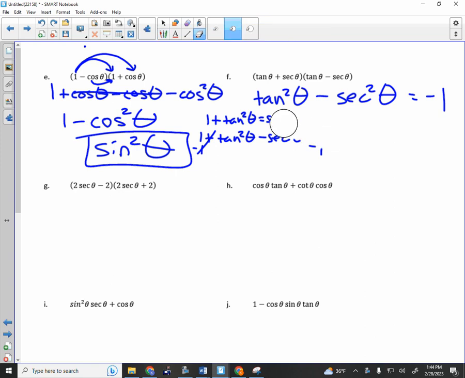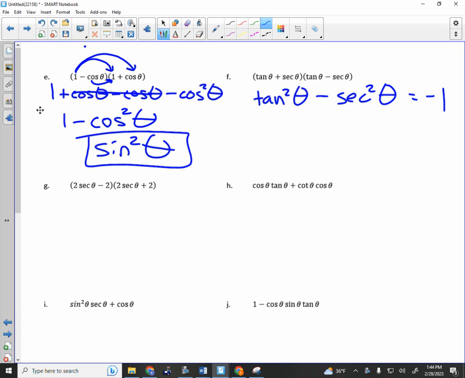Some people don't like that route, and so they want to choose a different option. Can I show you another way? Secant squared of theta is the same as 1 plus tangent squared. And we get tangent squared of theta minus 1 minus tangent squared of theta. Notice how the tangent squareds cancel, and I get a negative 1.